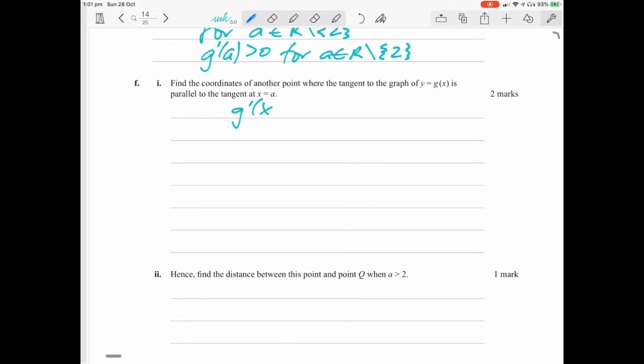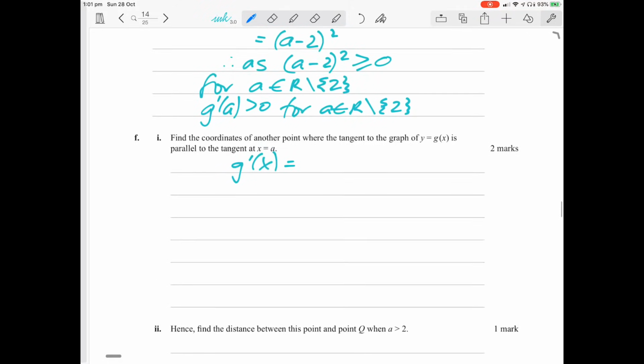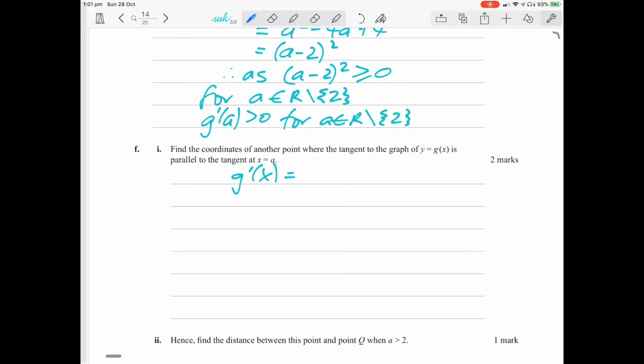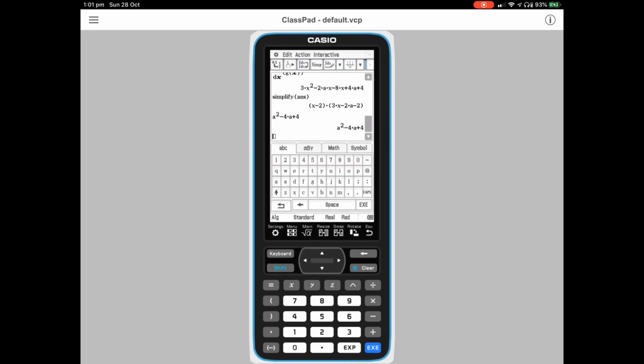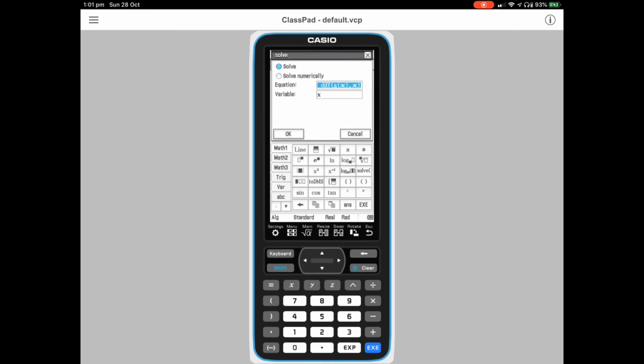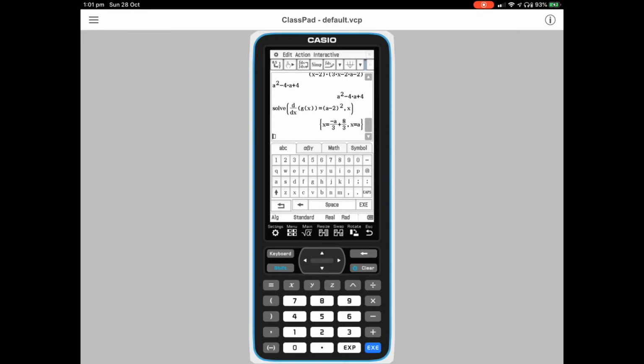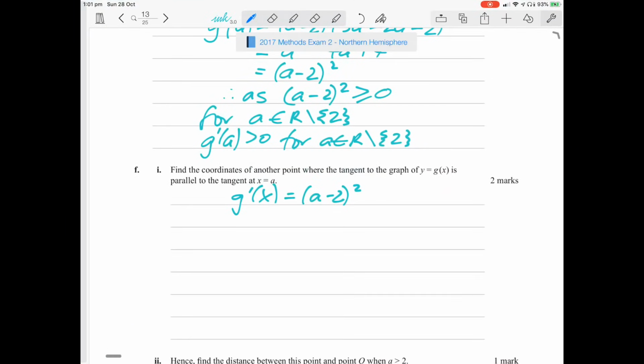So if I let g dash of x equal (a - 2) all squared, solve for x, (8 - a) on 3.